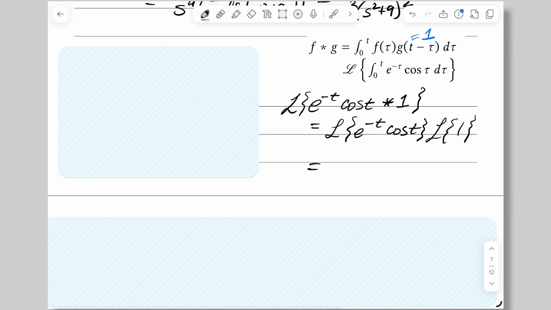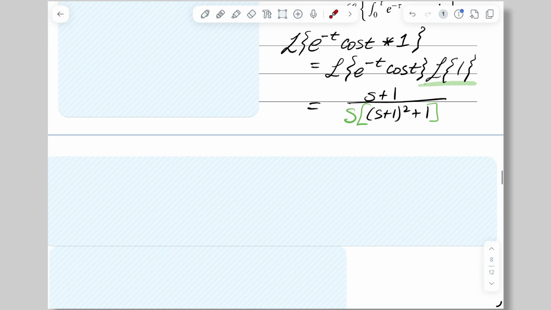E to the negative t times the cosine of t is the cosine transform, but with a shift. And so we have s plus 1 divided by (s plus 1) squared plus 1 for the cosine with the shift. But then for the Laplace transform of 1, we're going to multiply that by 1 over s. That just adds a factor of s in the denominator.